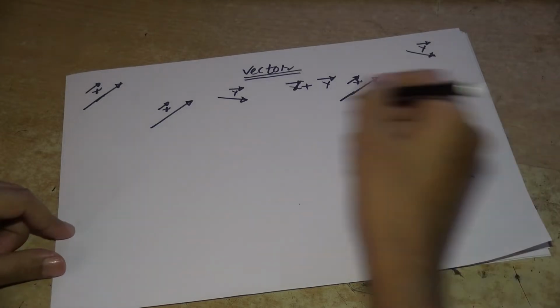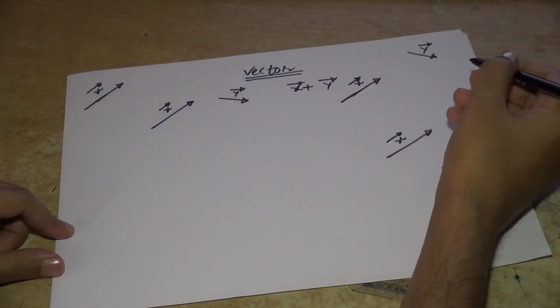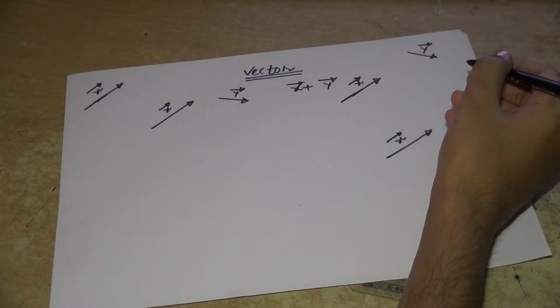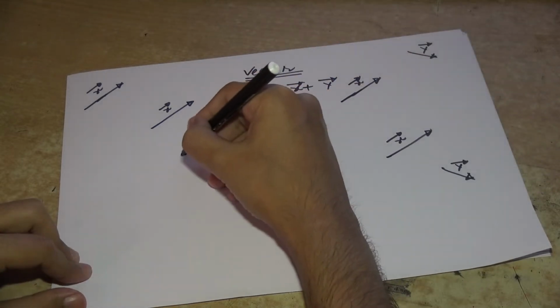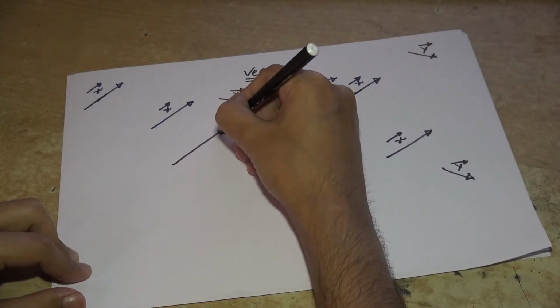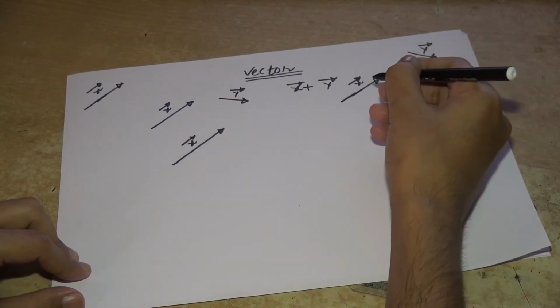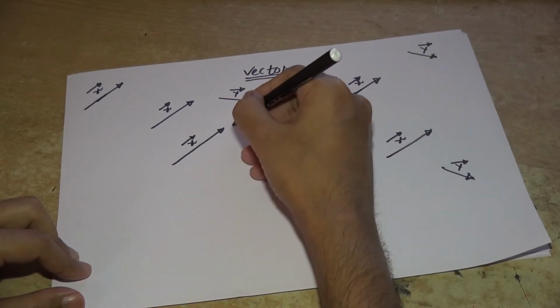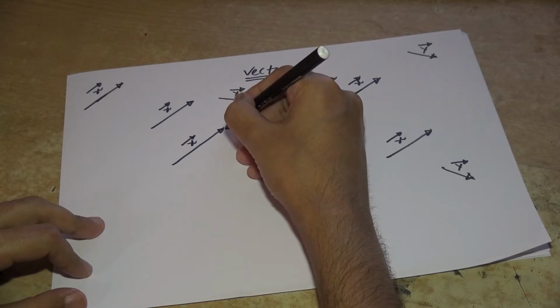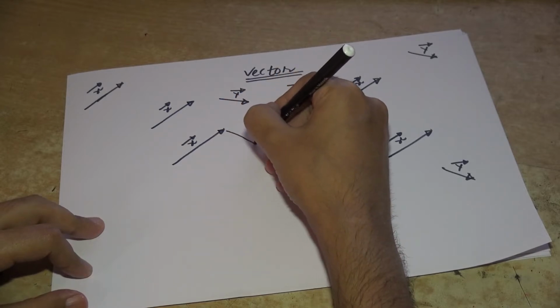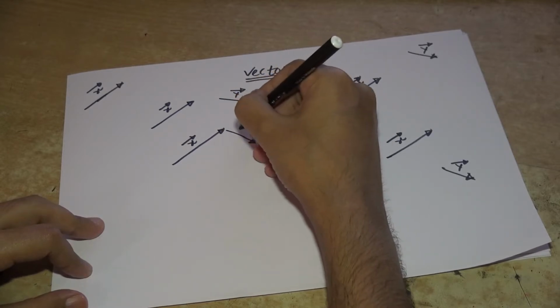So let's add vector x and vector y visually. Before adding the vectors, as I said, you can move them around. What I'm going to do is draw here vector x of the same length, or the same magnitude, and I'm going to put the tail of vector y at the head of vector x.